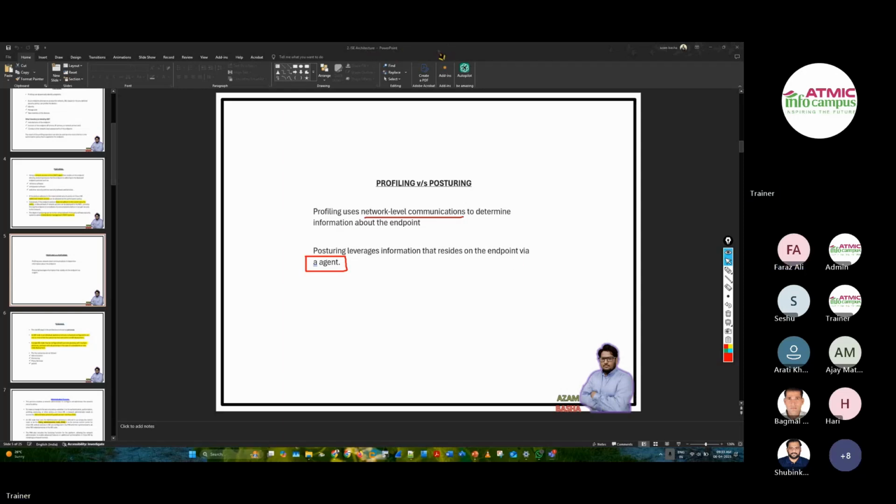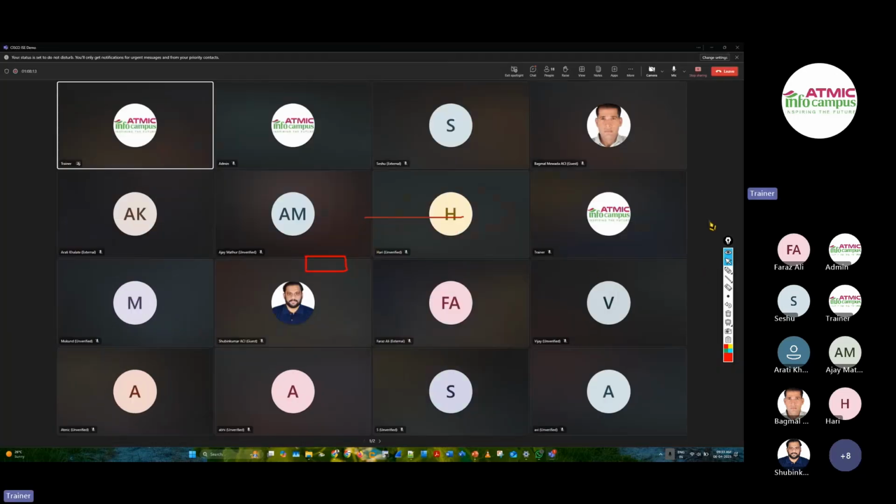Can you explain what kind of lab and use case you will show to us? Sure, I'll do that. Any other questions on posturing and profiling?